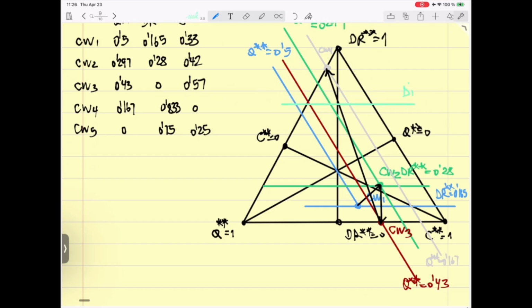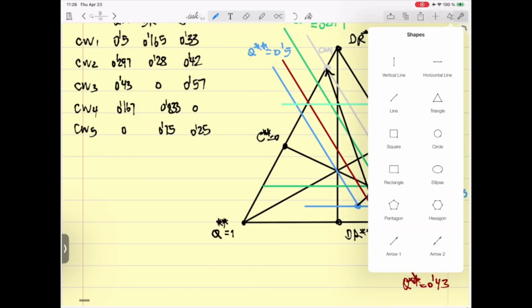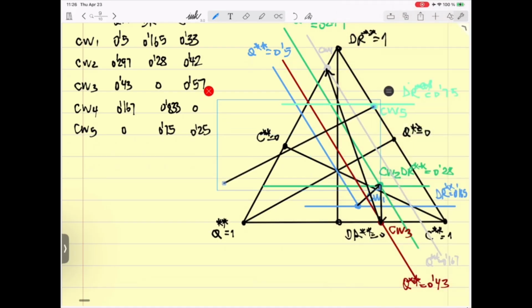And we know that this calendar week 5 will be right there. So the company is moving again to this point. Okay, so the overall dynamics of the company have been represented like this. Any questions?